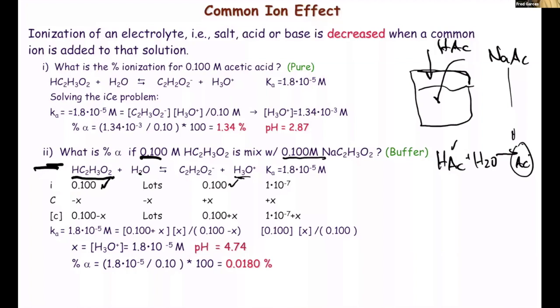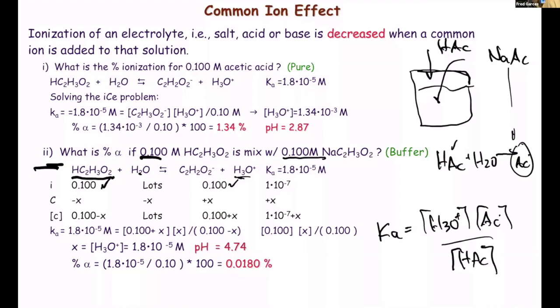If we do our mass action expression, Ka is equal to hydronium times the acetate ion over the acetic acid. But we can make a simplifying assumption and say that x is going to be very small. Why? Because Ka is on the order of 10 to the minus 5. The x that's given off here is going to be very small. Why?